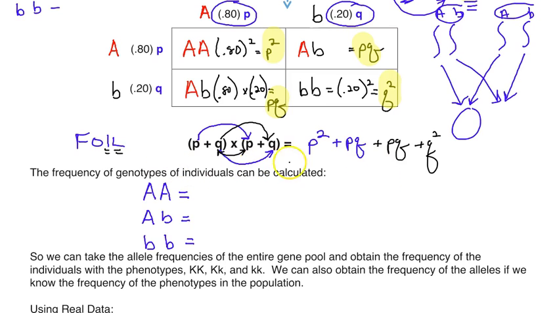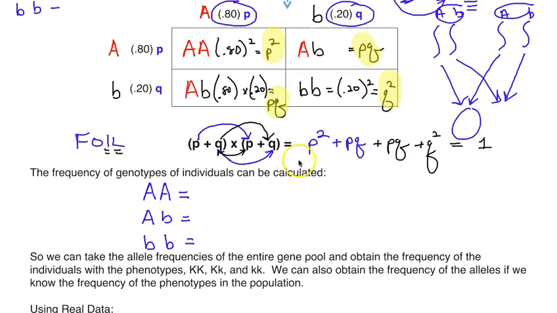And all of this has to equal what? Because you know math, you'd probably say 1, but you should know better: the frequency of this individual, homozygous dominant, plus the frequency of the heterozygotes, plus the frequency of the homozygous recessive individuals has to equal the total number of people in the population.